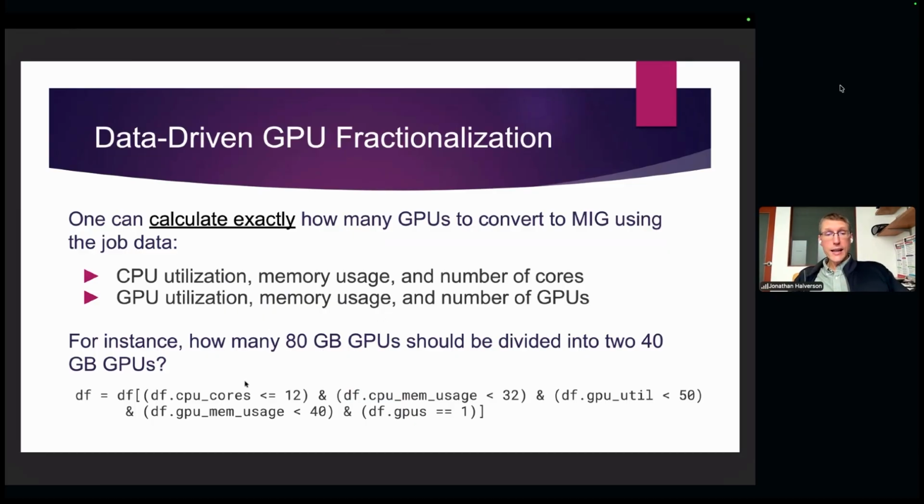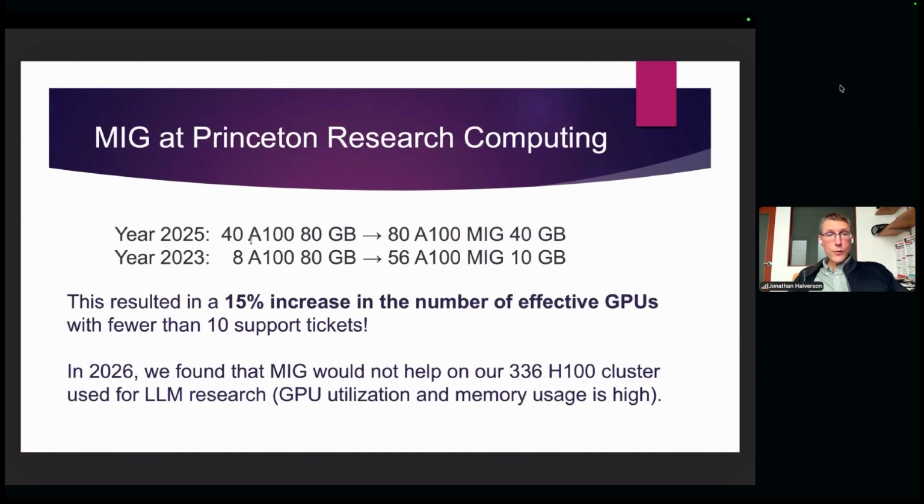You can pull the data into a data frame program like Pandas, put your criteria in and extract the jobs which could have run on the weaker GPUs, and then you can figure out how many GPUs you should convert.